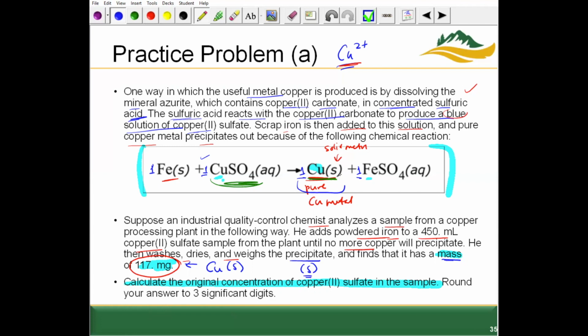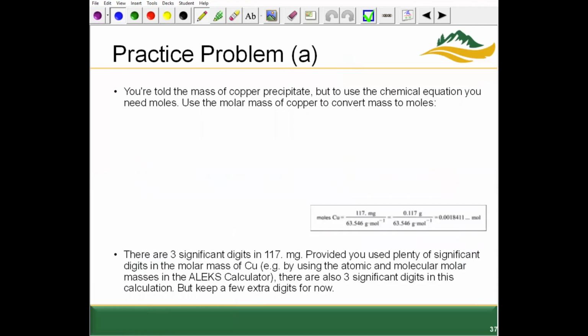So our solid precipitate here is pure copper metal, and we have its mass. Remember, when in doubt, we want to convert to moles. So we have a mass of pure copper metal, and let's convert to moles: 117 milligrams of pure copper metal.